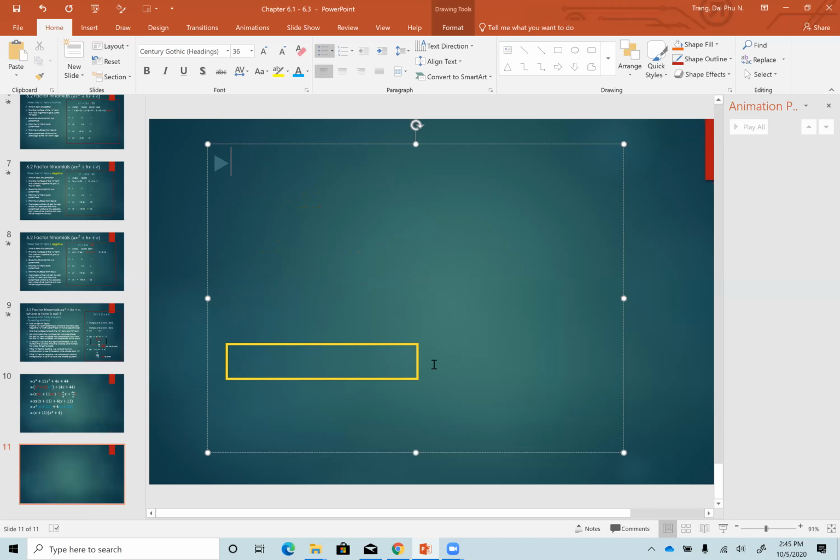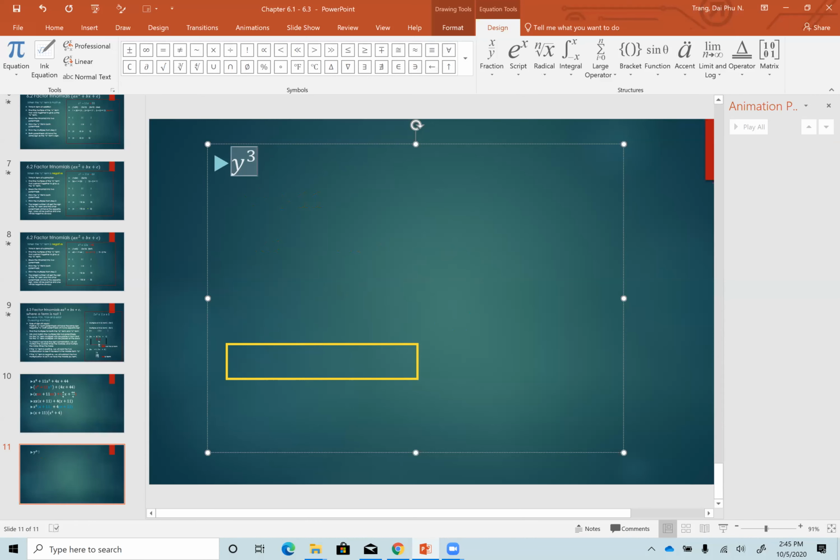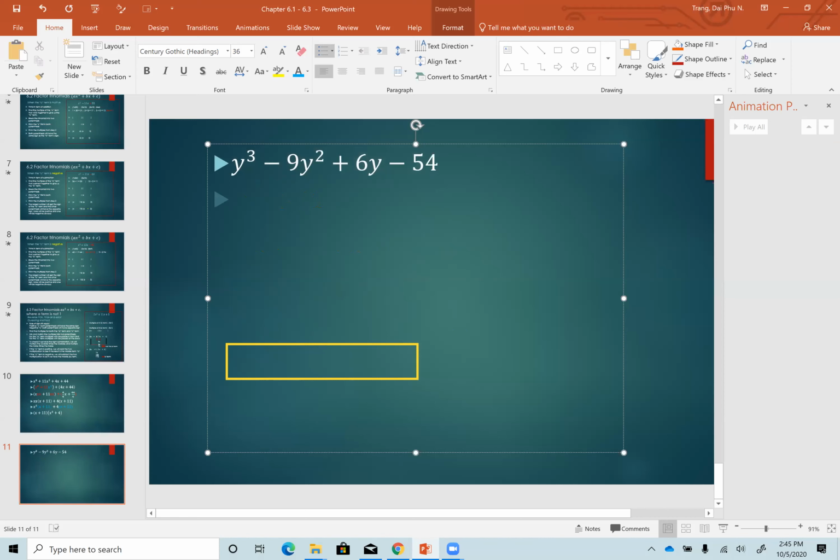Let's do y raised to the third power, minus 9y squared, plus 6y, minus 54. Okay. So if you look at this thing here, again, it doesn't matter if it's x or y, this is what you have. This is all we've seen, this item here.